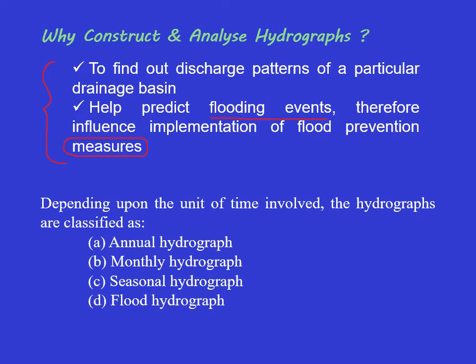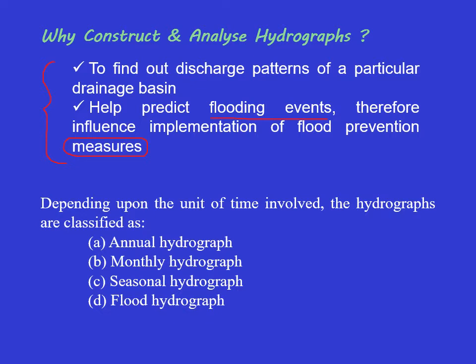So it is a need for ourselves to be safe and to construct any kind of structure for our own purpose. We have to study the discharge through a channel with time.